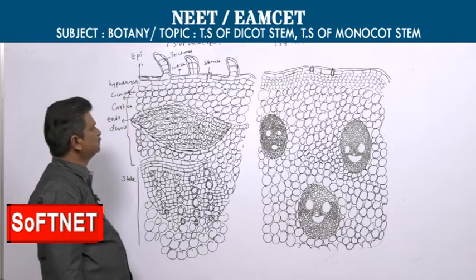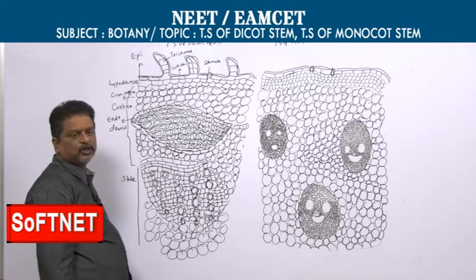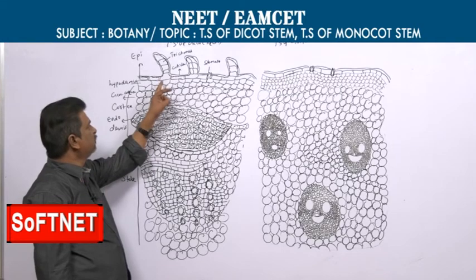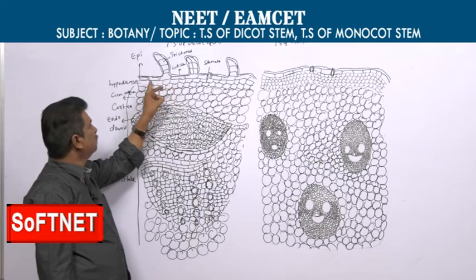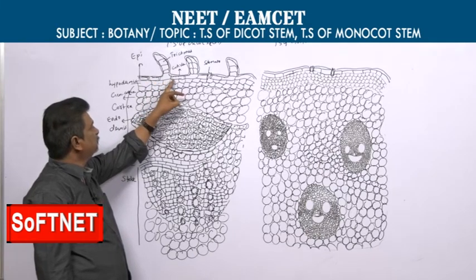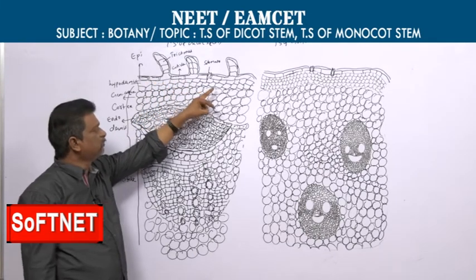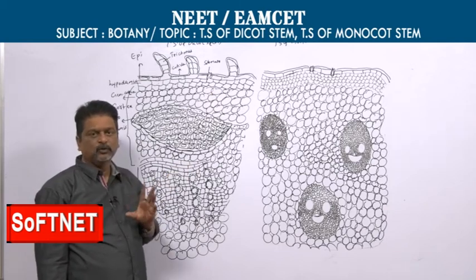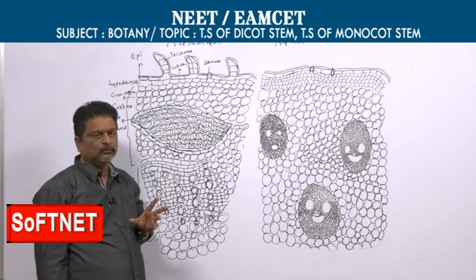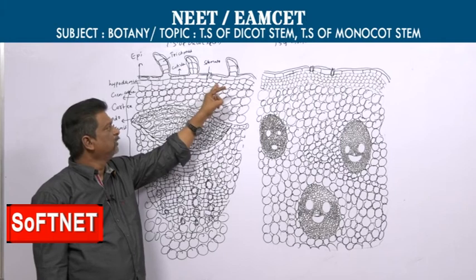Hypodermis is present below the epidermis. Generally, hypodermis is several layered, and particularly in dicot stem, this hypodermis is formed by collenchyma.